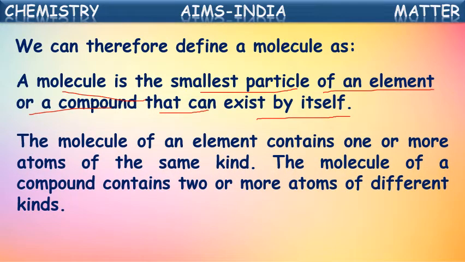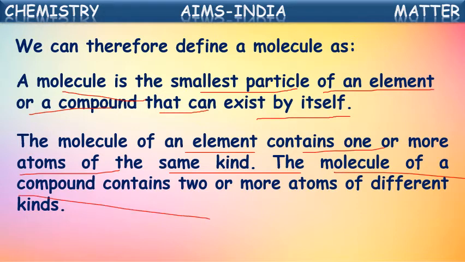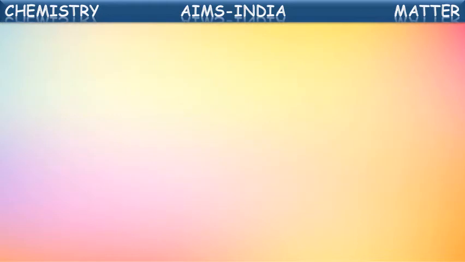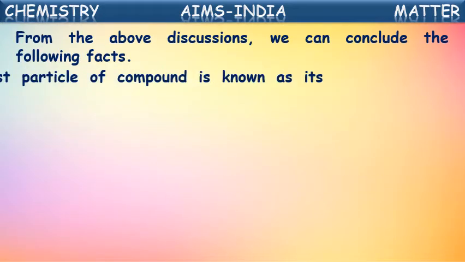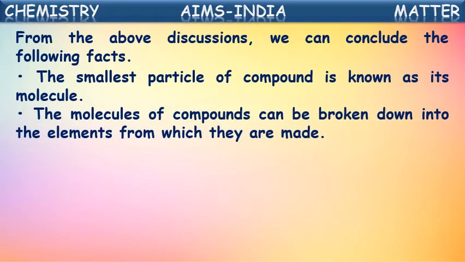The molecule of an element contains one or more atoms of the same kind. The molecules of a compound contain two or more atoms of different kinds. A molecule can be formed by the same kind of atoms or by different kinds of atoms.